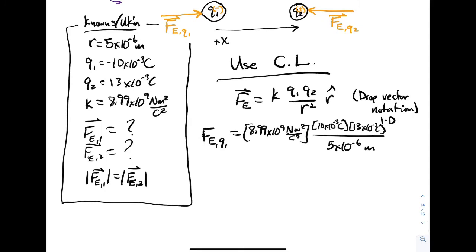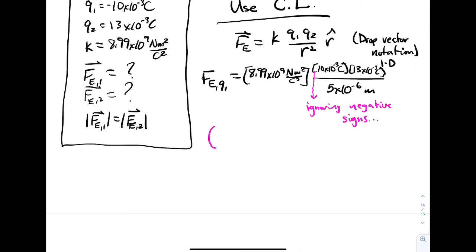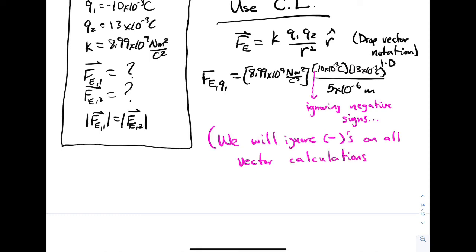Now something I'm going to note here, I normally probably wouldn't, but I'm going to note I'm ignoring negative signs. And another really good note might be, just to have it, we will ignore negatives on all vector calculations and input negatives when the vector is in the negative direction.